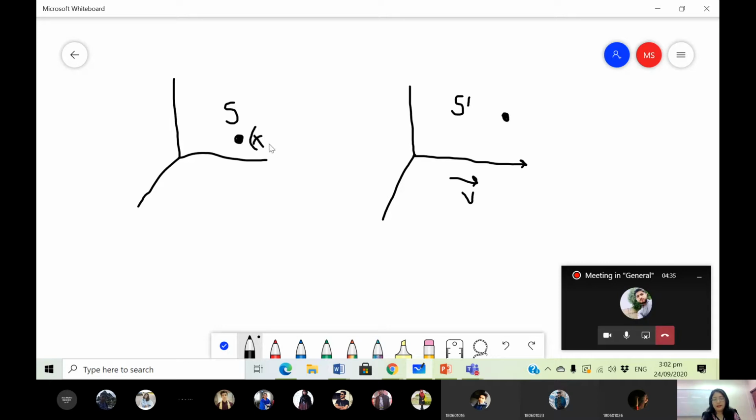Like if I have a point here, what will its coordinates be? x, y, z, and time as well. We also include the time coordinate.